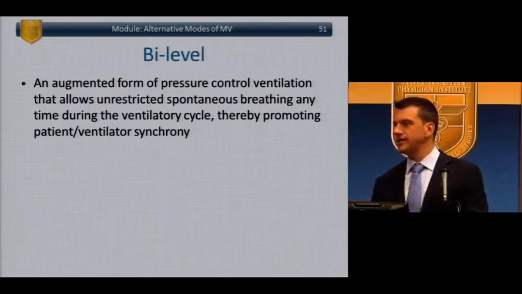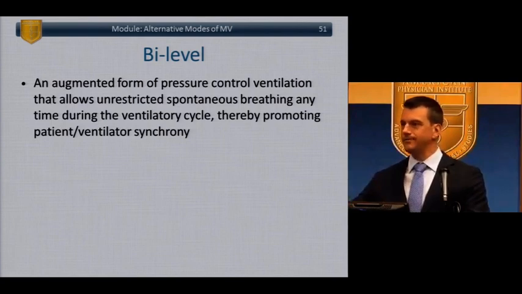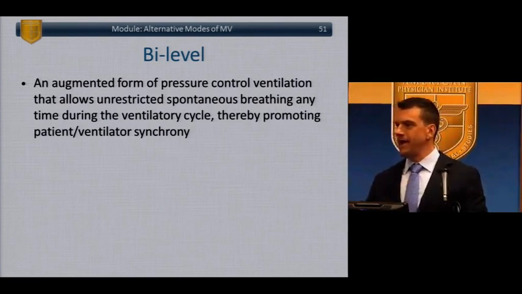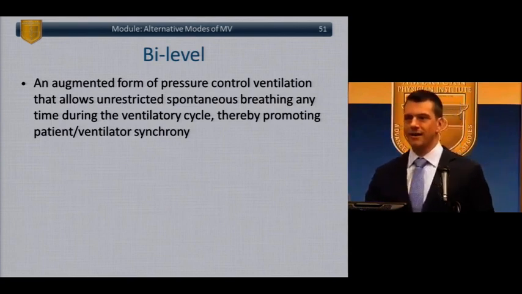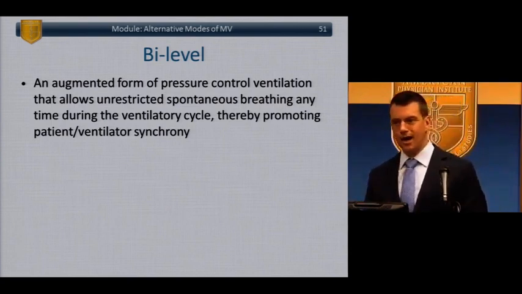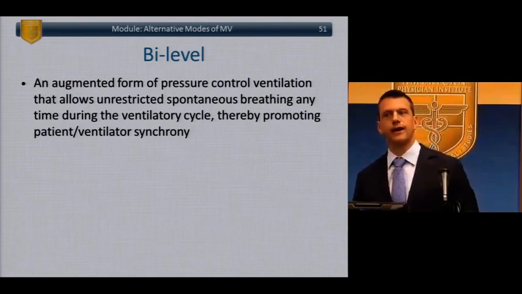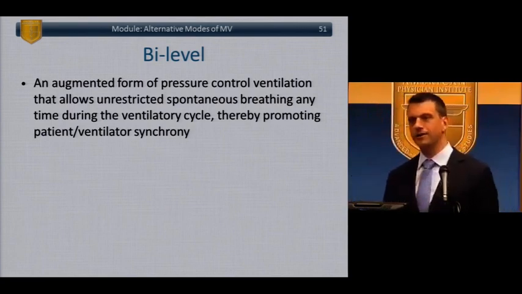This allows unrestricted spontaneous breathing, and you're simply setting a P high and a P low. And it's got to be long enough at each of those pressures that the patient breathes spontaneously at both settings. Sometimes you may have a PEEP of 10, sometimes it may be 25. That gives you a mean airway pressure of the average of 10 and 25, 17.5, which is higher than usual.